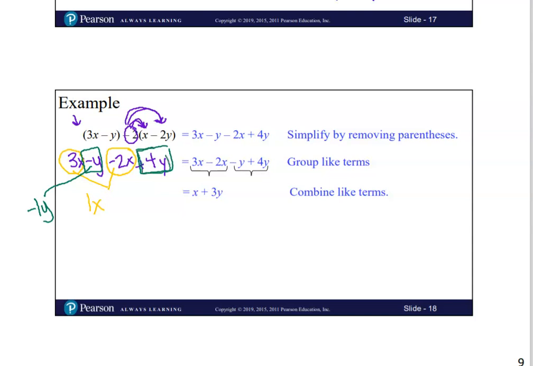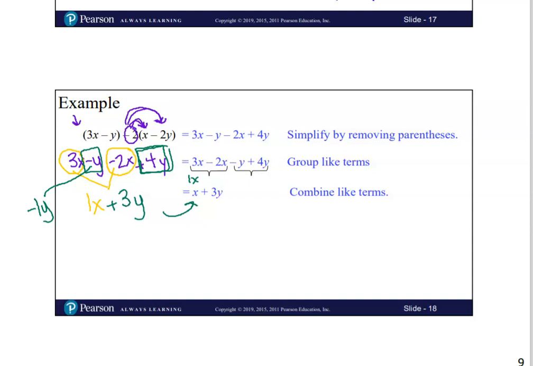So negative 1 plus 4 would be a positive 3y. And that's how they're getting the answer. Now notice that right here they don't have it written as 1x because it's fine to write it just as x. You don't have to put the 1 in front of it.